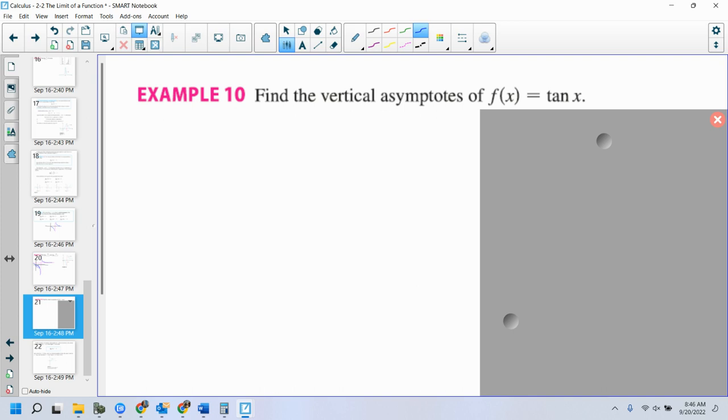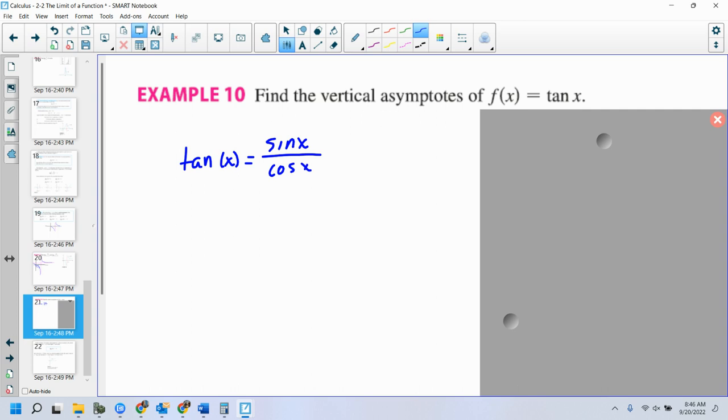Okay, so think about it this way. What is tangent really equal to? What over what? Not opposite over adjacent. I'm talking about sine and cosine. Sine divided by cosine, right? Tangent of x is equal to sine of x divided by cosine of x.